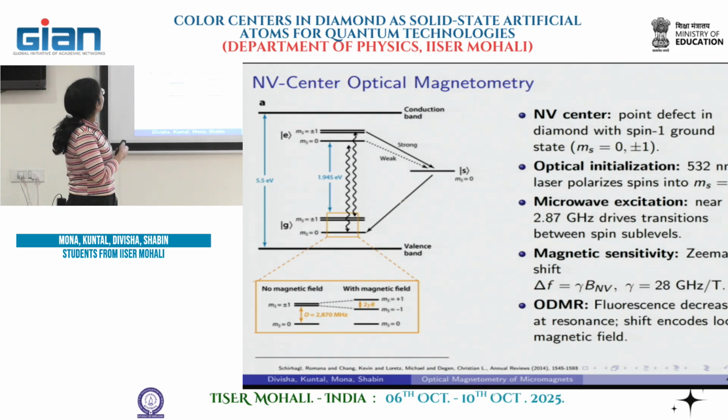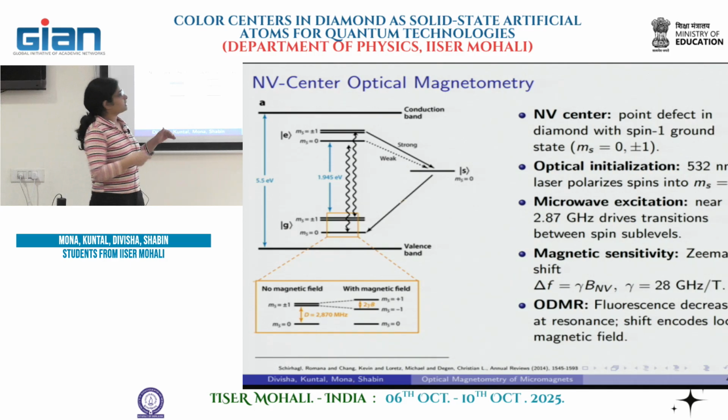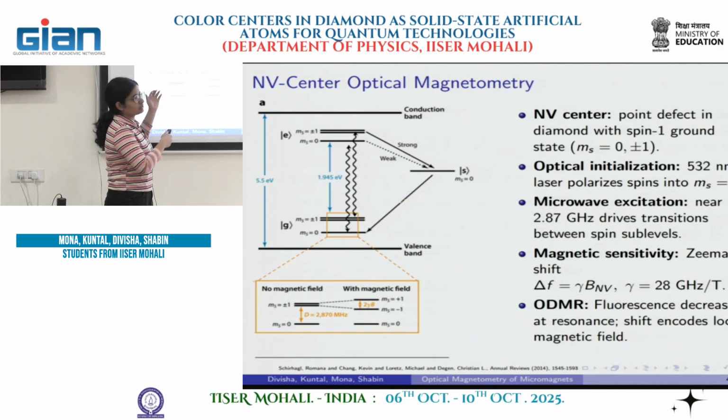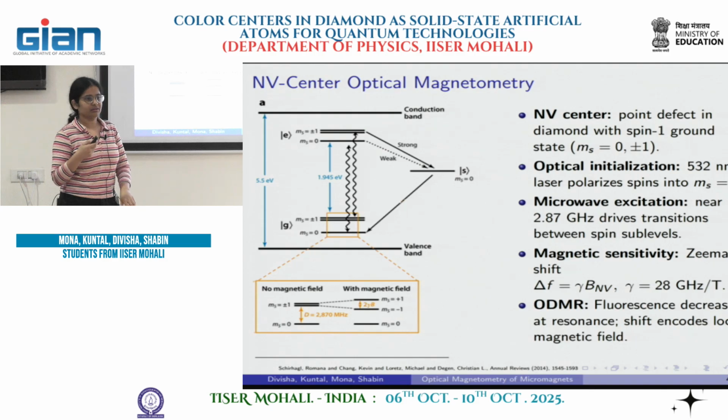And the tool we used is the NV center optical magnetometry. I can skip this slide, or I can just brief it, because Professor Rock has already explained it to us in detail. So we have ground state and excited state, which is spin split because it is a spin half system. Under the application of a magnetic field, we can further Zeeman split the m plus minus 1 state, and the excitation of this will be beneficial, because the fluorescence from the 0 state or the plus minus 1 state is actually different.